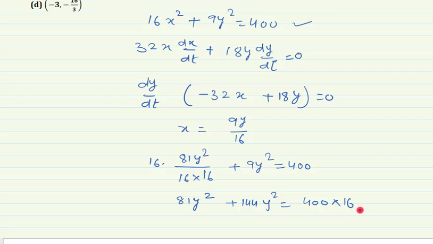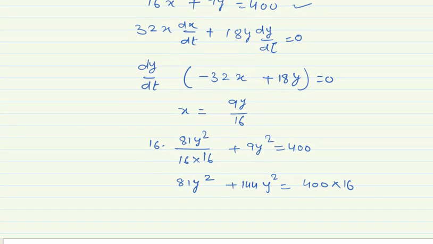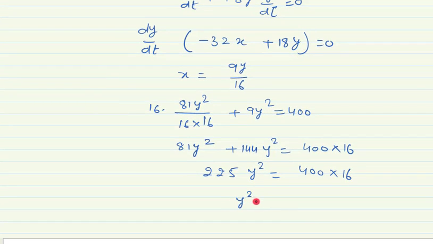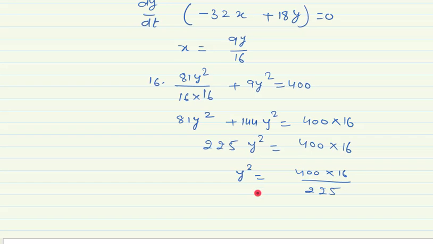I am not multiplying it because it is going to help me out. It is 225 y square is equal to 400 into 16, and now it is very easy to simplify. Y square is equal to 400 into 16 upon 225. From here we are getting y is equal to 20 into 4 upon 15.